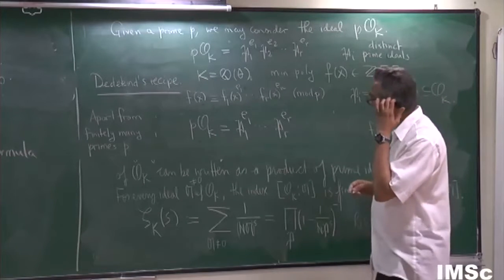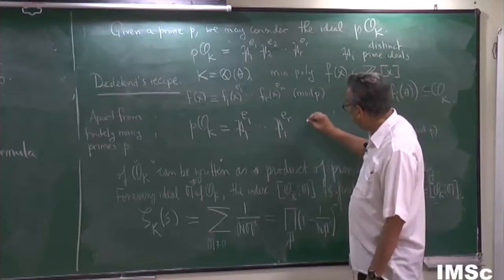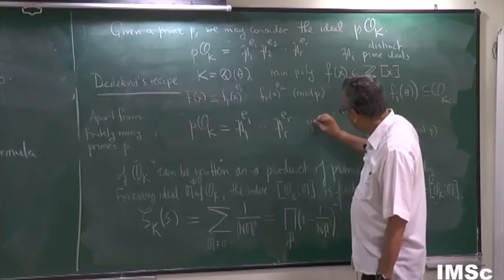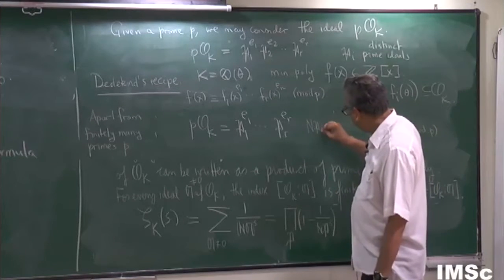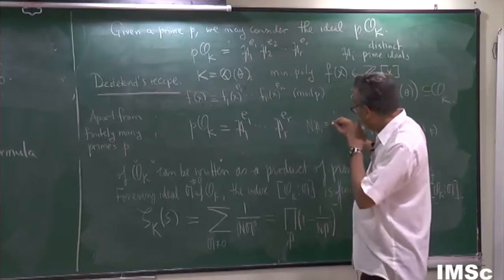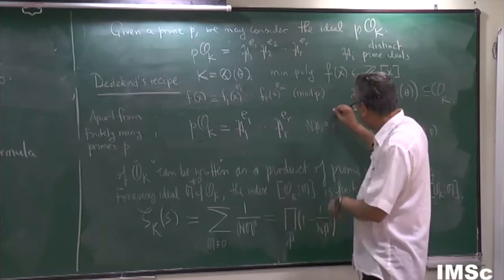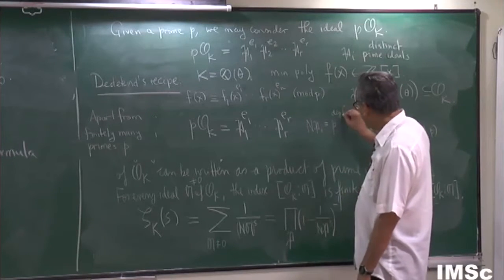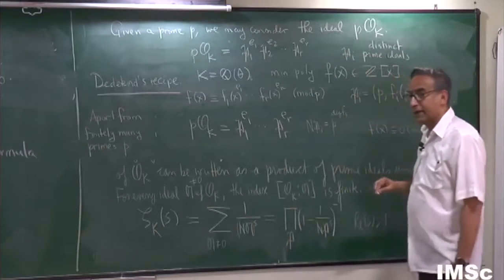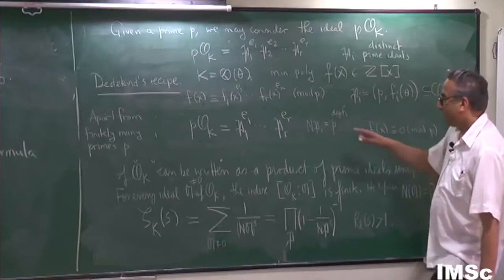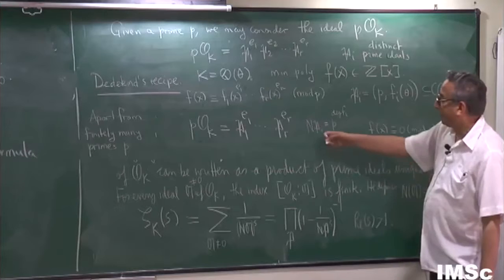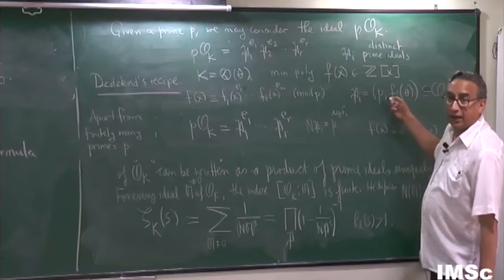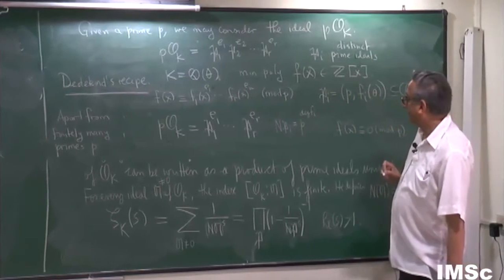Oh, there's one more point that I should tell you. The norm of the ideal P_i is p to the degree of f_i. I mean, this functoriality is so neat. The norm of these prime ideals is p to the power degree of f_i.